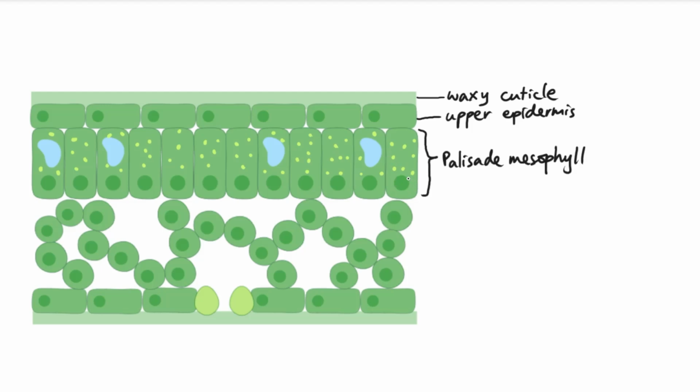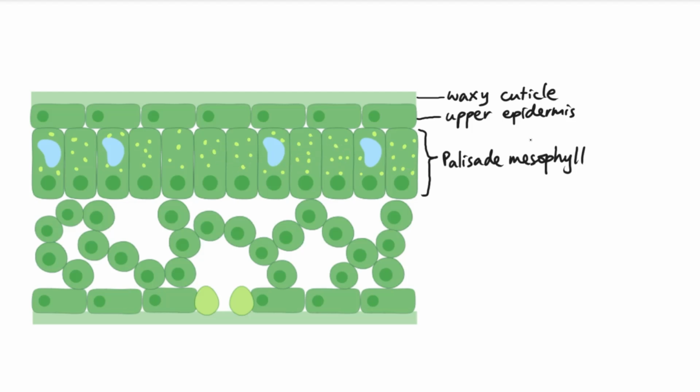So the palisade mesophyll is the main part of the leaf, and actually whenever you learn the structure of a leaf cell or a plant cell, we are almost always referring to the palisade mesophyll. So you can see they've got the nucleus there, and the permanent large vacuole. I didn't draw all of them there, but the main thing is that they've got lots and lots of chloroplasts, which are the lighter green bits here.